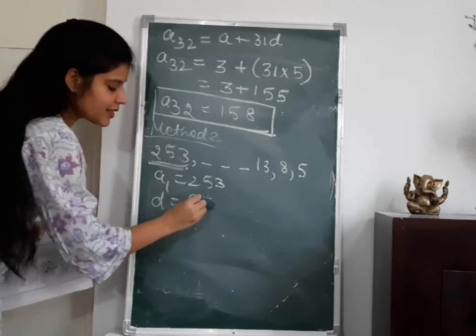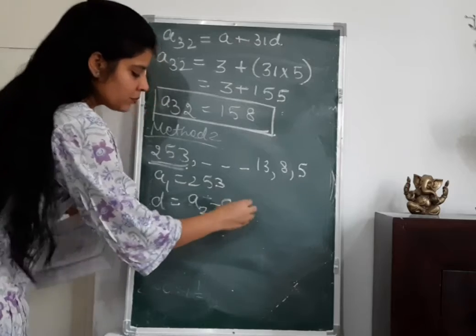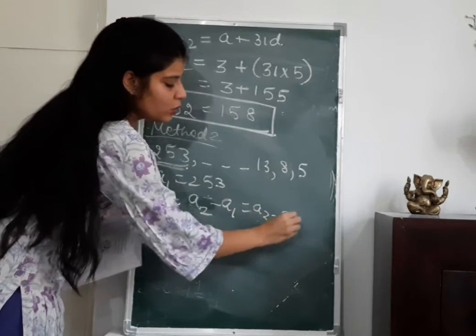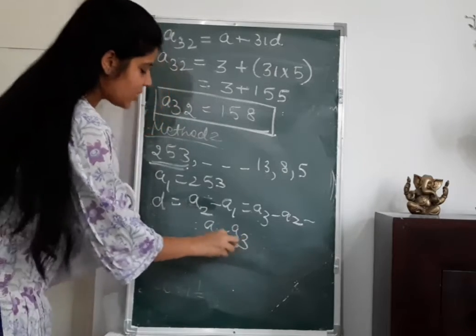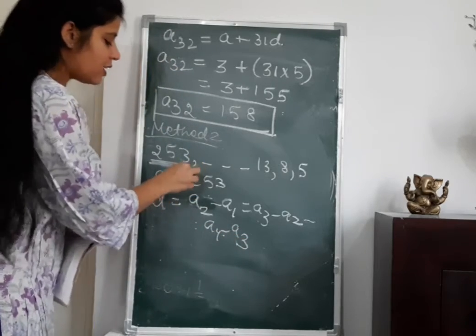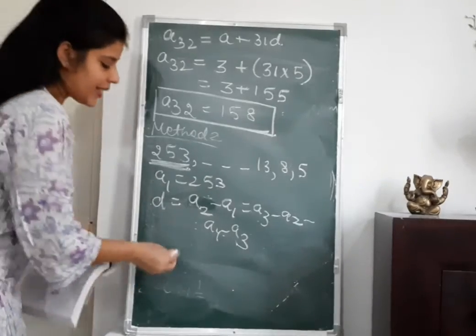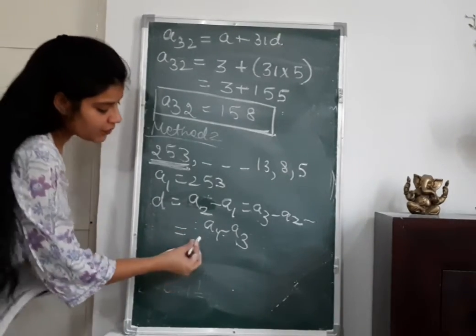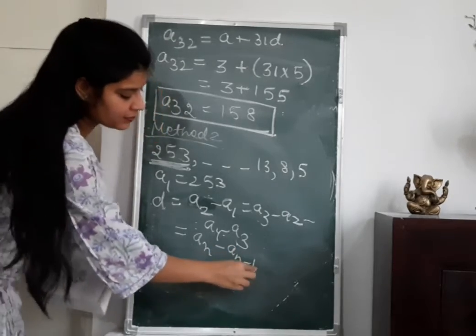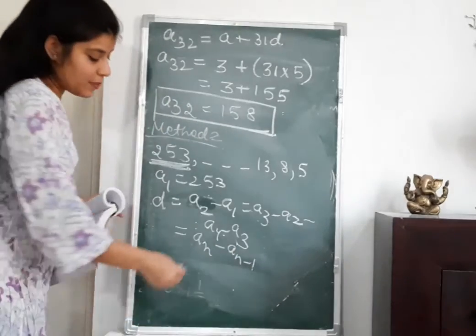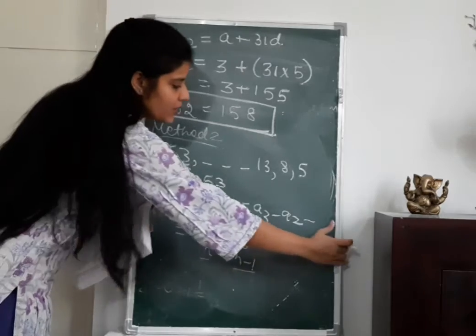usually the common difference is A2 minus A1 or A3 minus A2 or A4 minus A3. But as we only have the first term and do not have the second, third, fourth term in it, can I say in general it will be AN minus A(N minus 1), right?